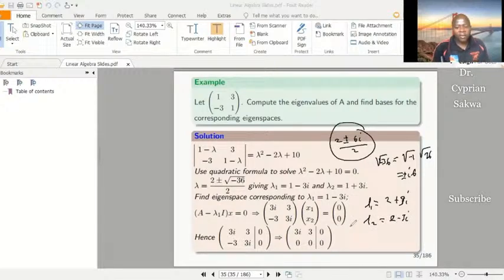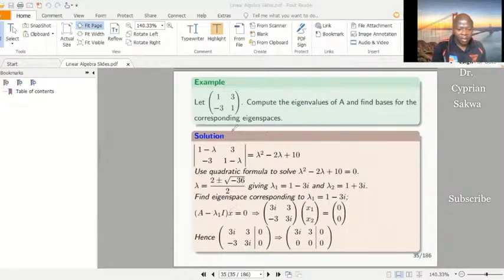So those are the lambdas, and you can proceed with the same knowledge to find the eigenvectors. Do the same thing, and it's very easy. I'm not seeing anything tricky because you're just subtracting.